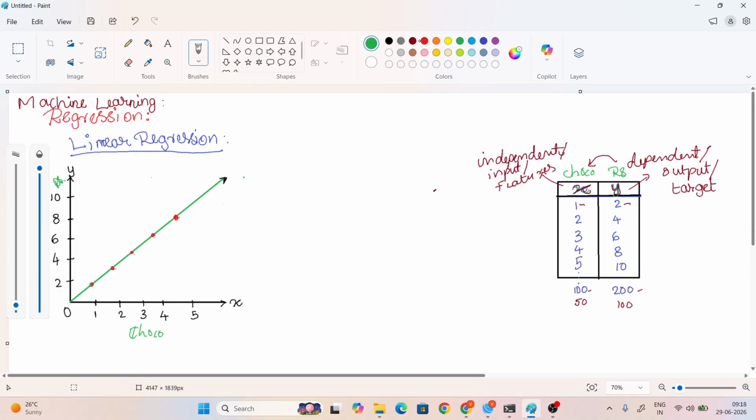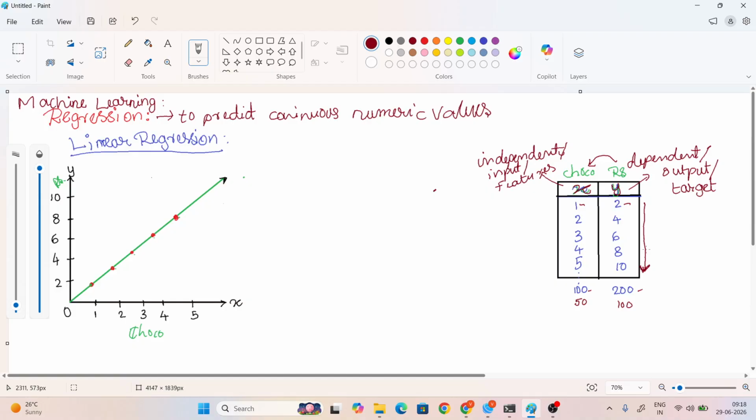Another thing is, regression means to predict continuous numeric values. See here it predicted 2, 4, 6, 8, 10, 200, 100. So these are continuous numeric values, right?